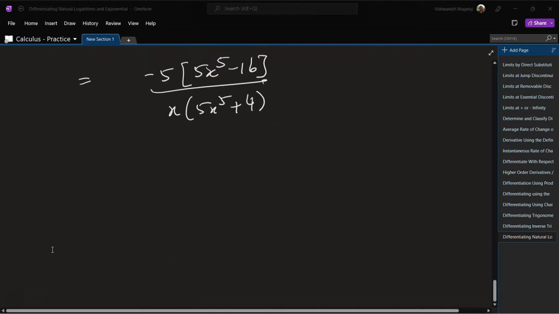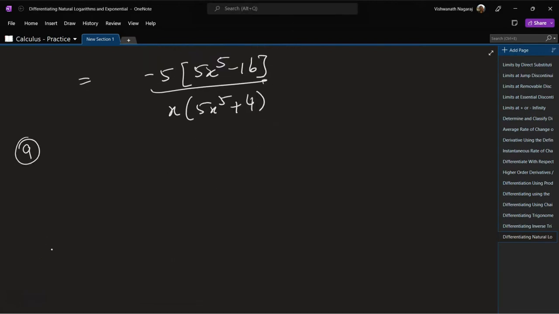Let's look at the ninth one and let's change it up a little. y is equal to cube root of natural log of 2x square.